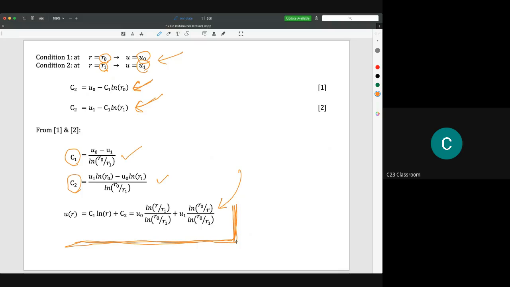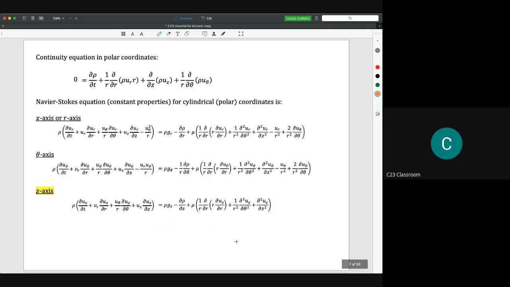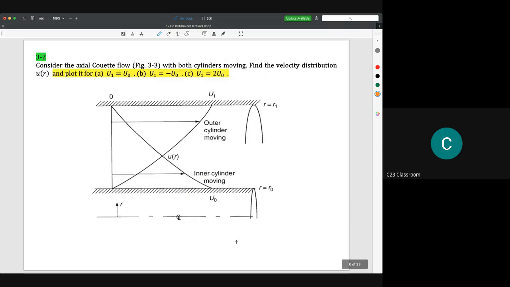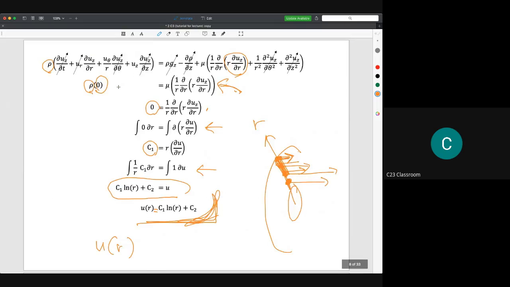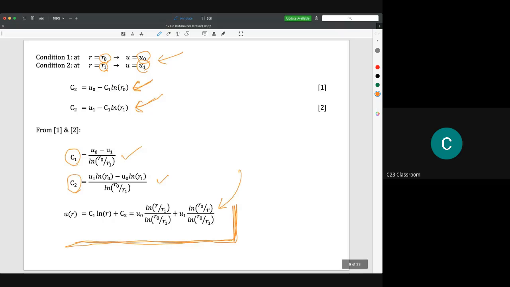If you want to solve this question, I will not ask this in the final or test, because you need to do it in Excel. You need to substitute this. This is our first condition, second condition, and third condition. But you need to plot this by making an assumption, an assumption of the value of r.